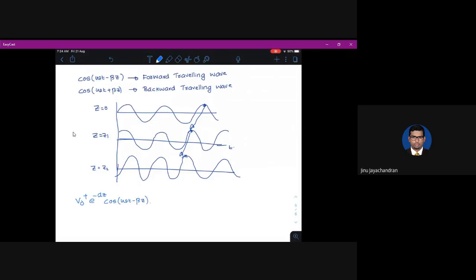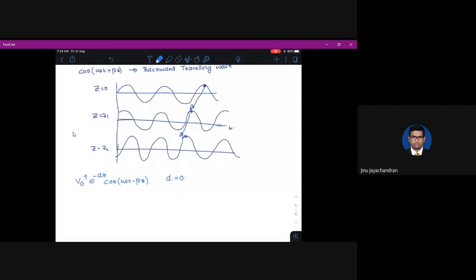Here alpha we put as 0, but alpha need not be 0, it can be any value. So what happens if alpha is some constant value? Let's take alpha equal to 1. So you have V0 plus e raised to minus z cos of omega t minus beta z.